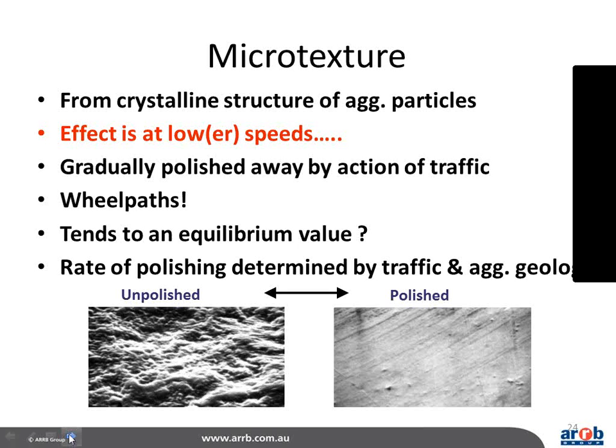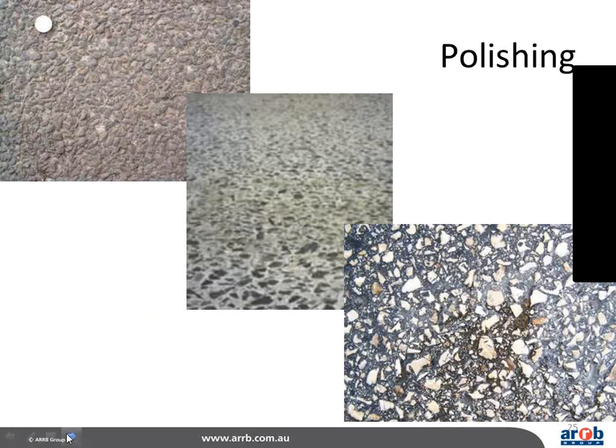What does it look like in practice? Well, let's have a look at these pictures. Here's some examples of polishing. Top left, you'll see the very early days, starting to show some signs of abrasion and wear of the top surfaces of the aggregate. Moving into the middle, that's a concrete road where the exposed aggregate surfaces are starting to polish up.